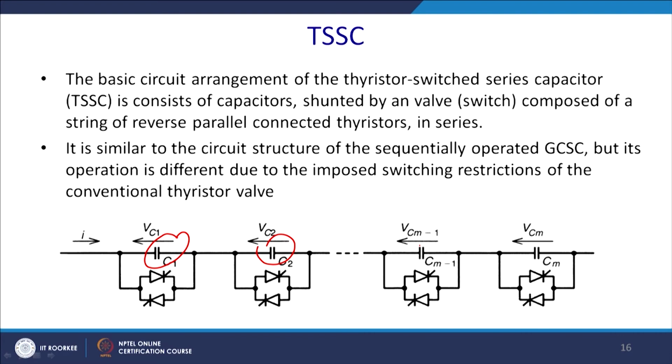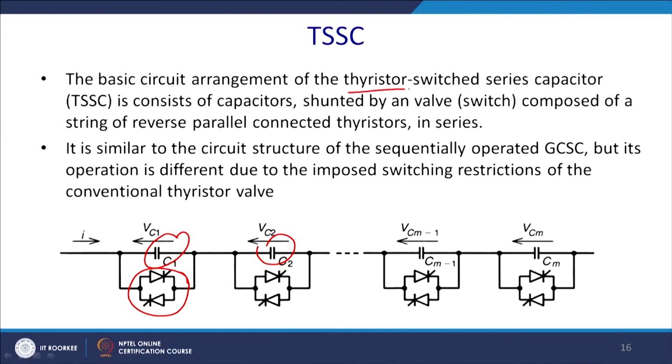If you wish to short this capacitor, you put alpha such that it will almost short the capacitor. If you do not trigger the thyristors, then the total capacitor will be injected into the system, and if you change the alpha triggering angle or delay angle, then the value of the capacitor, and subsequently the voltage across it, will change. This is the way you inject different amounts of voltage VQ into the line voltage.